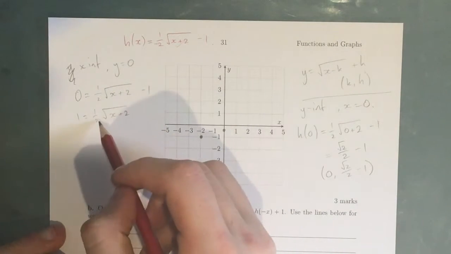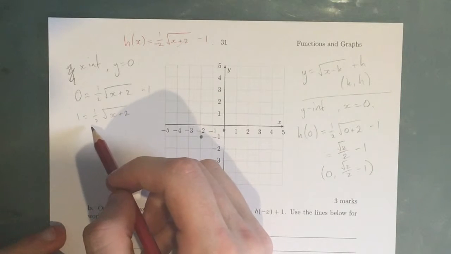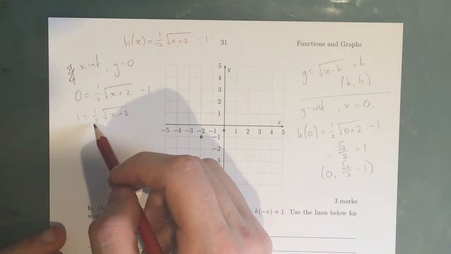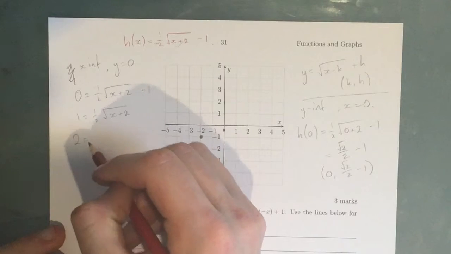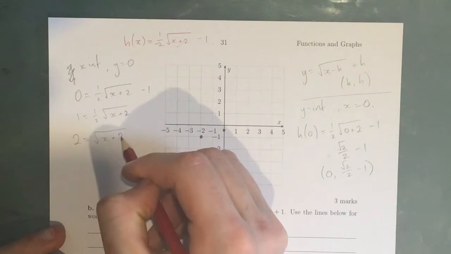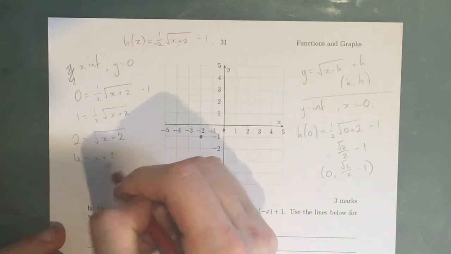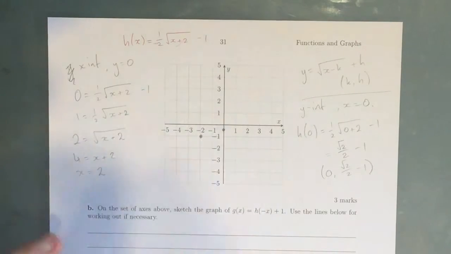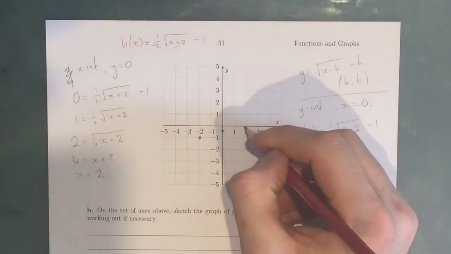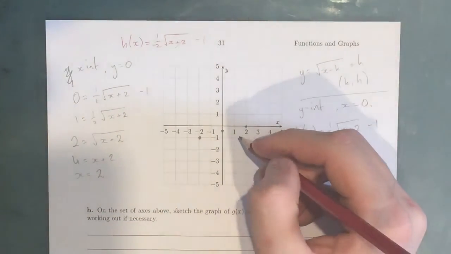And then if we divide both sides by 1/2, that will cancel. Dividing by 1/2 is the same as timesing by 2. So we get 2 equals the square root of x plus 2. Squaring both sides, we get 4 equals x plus 2, which means that x equals 2, which means that our graph actually goes through the point (2, 0).